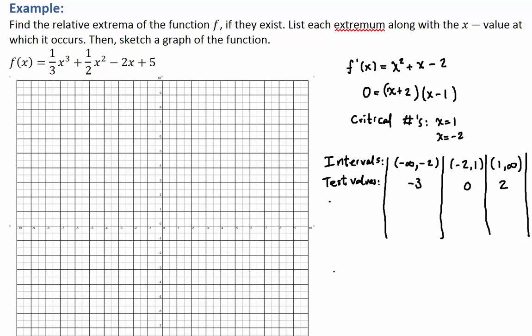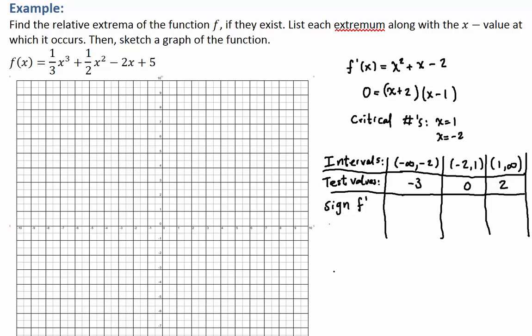And then we're going to plug those in and find the sign of the derivative. Now, we're not going to worry about the exact number, just the sign, because we are going to use that to determine whether the function is increasing or decreasing on that interval.